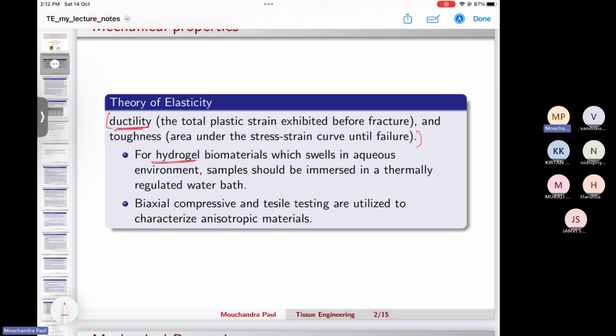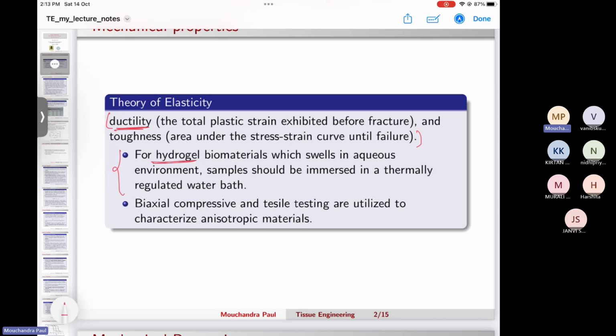So when you use hydrogels, we actually try to mimic the aqueous environment in our body. This statement basically says that when you are testing the mechanical property of a hydrogel, you should first immerse your hydrogel sample in a water bath, so that it absorbs a large amount of water, and in that swollen state you measure how much strength it has.